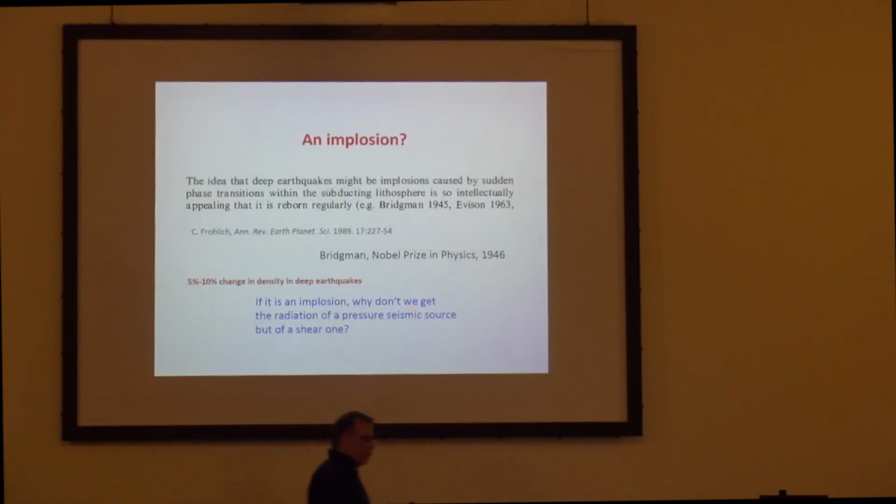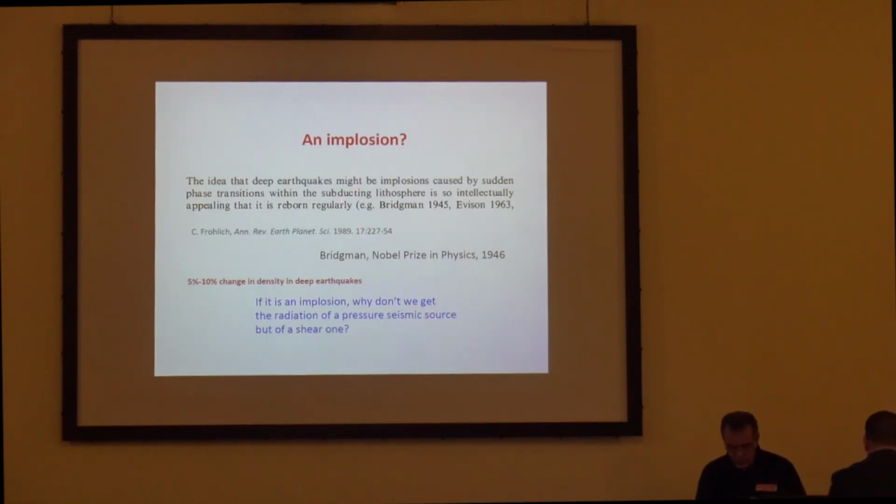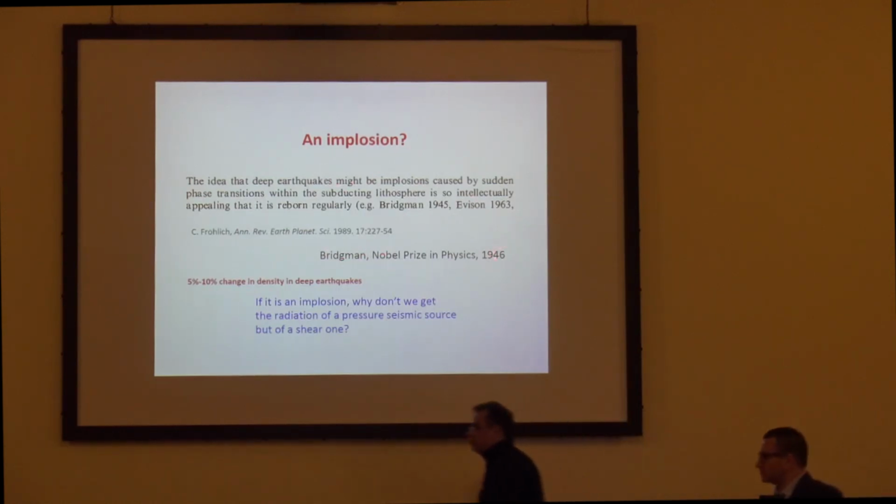There have been many hypotheses over the years as to the mechanism of the deep quakes. The most intellectually appealing has been implosion, a big volume collapse under the pressure. Bridgman, who got a Nobel Prize in Physics in '46 for the behavior of materials under high pressure, also advocated this hypothesis.